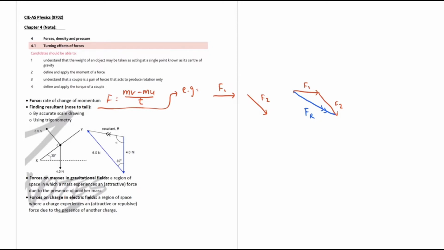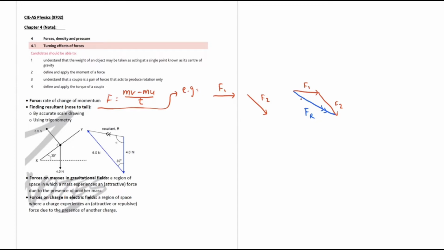After that you draw your straight line to get your resultant. Then you can measure, let's say this is 11 cm, then this is 11 Newton. So by accurate scale drawing, we can find the magnitude easily.